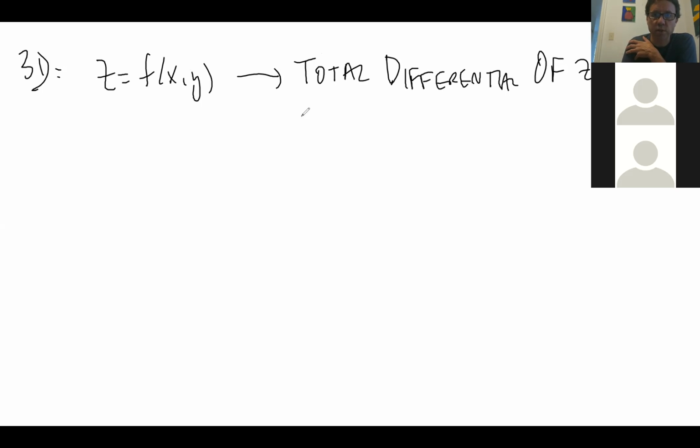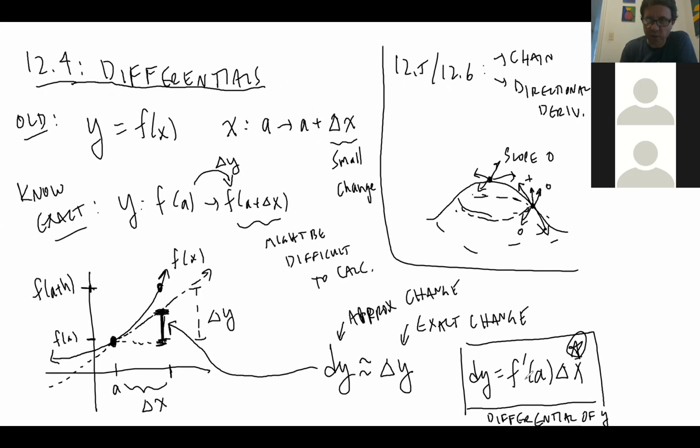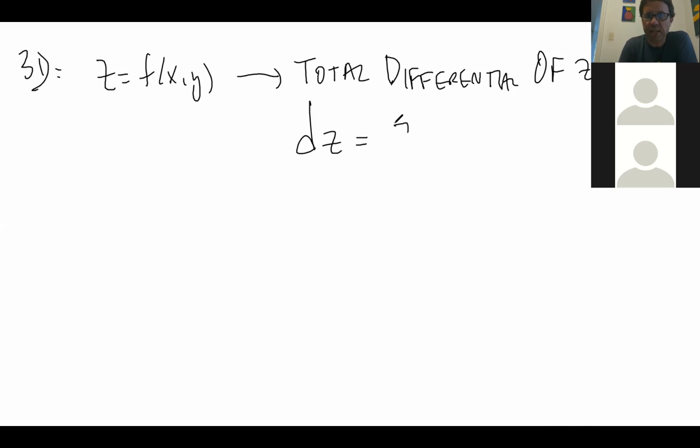So the total differential of z is dz, just like the differential for y is called dy. And so before, how did we do this? We took the derivative and we multiplied it by delta x. So now we're going to do exactly the same thing, except there's going to be two parts to it. This will be the partial derivative of z with respect to x times delta x, plus the y derivative of z times delta y.